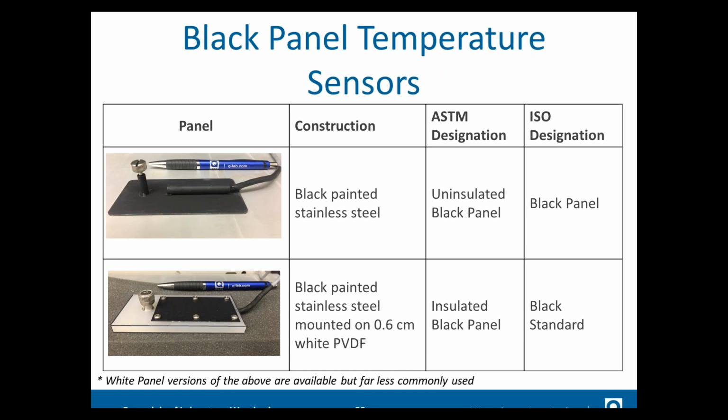The other type of construction is called an insulated black panel, or sometimes people refer to that as a black standard temperature sensor. And in this case, it's a black steel panel, but it's mounted on a plastic substrate, so it's insulated from conducting that heat away. And as you would expect, the IBP is generally going to be hotter than the black panel.